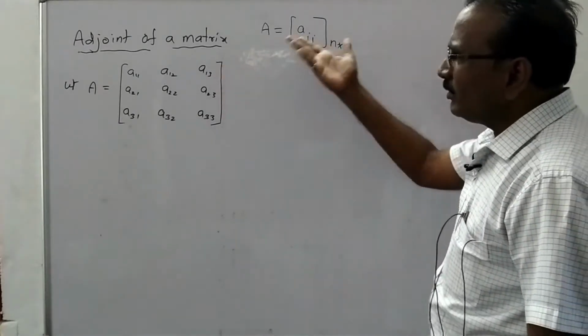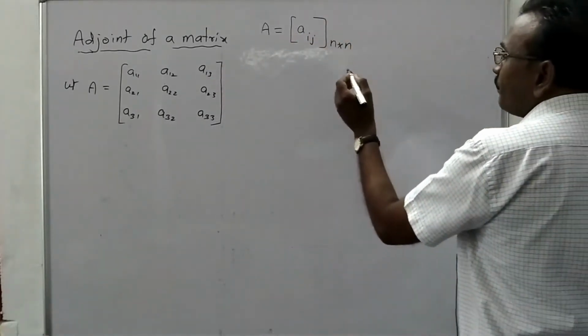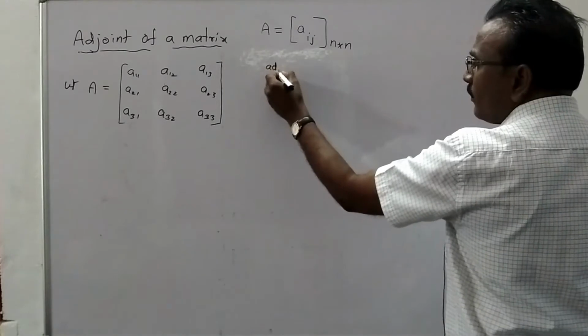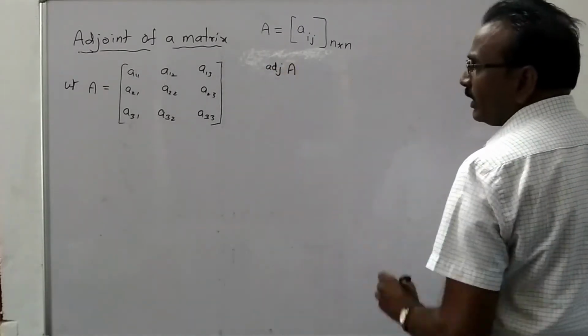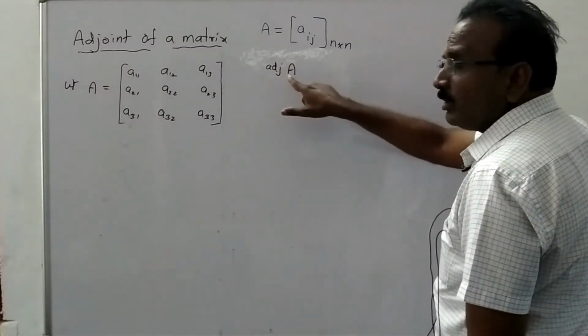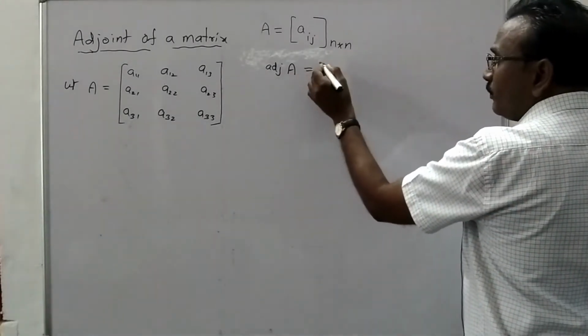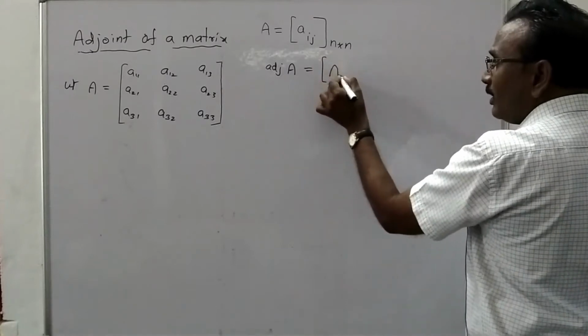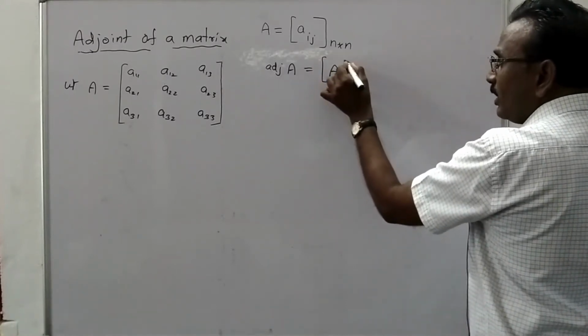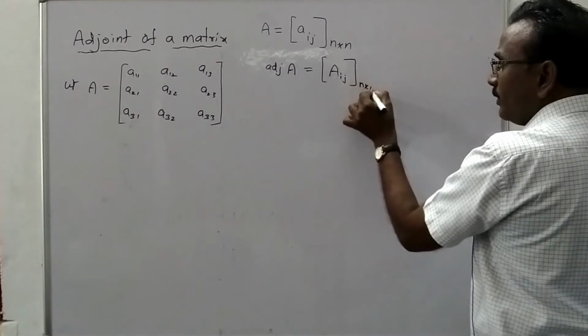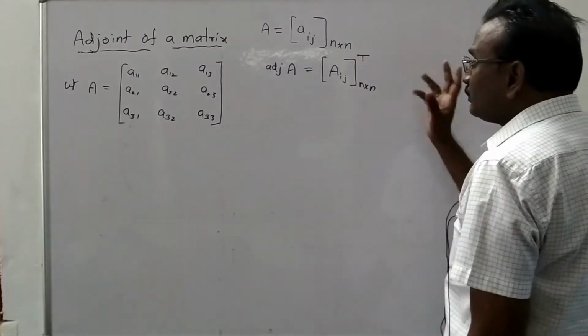Then the adjoint of matrix A is denoted by Adj A. The adjoint of matrix A is equal to the transpose of the matrix of capital Aij of order n cross n.